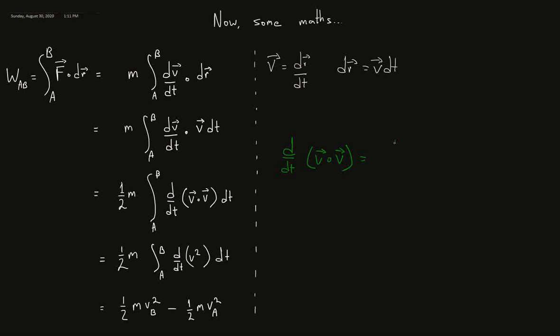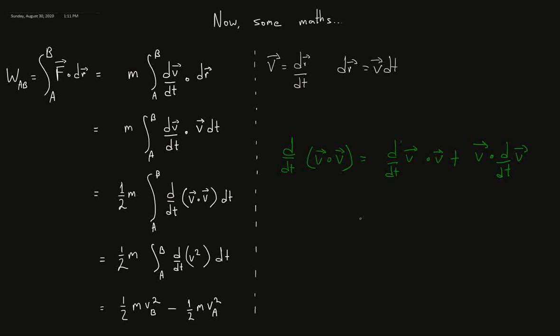So you can write it like this: dv/dt dot v plus v dot dv/dt. This is sometimes called the UV rule or the Leibniz rule, however you call it.